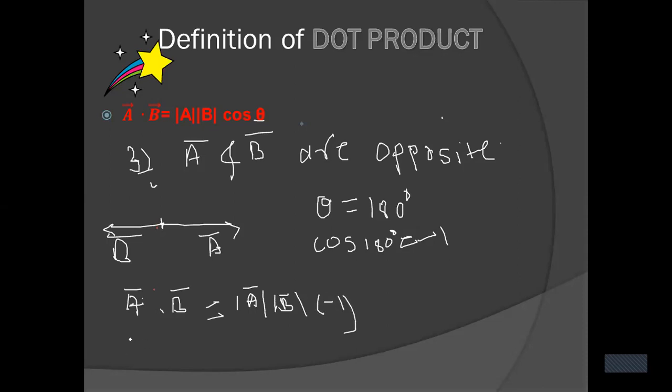So this a bar dot b bar is equal to minus mod of a bar mod of b bar, or it is equal to minus ab only. Okay, so noted.